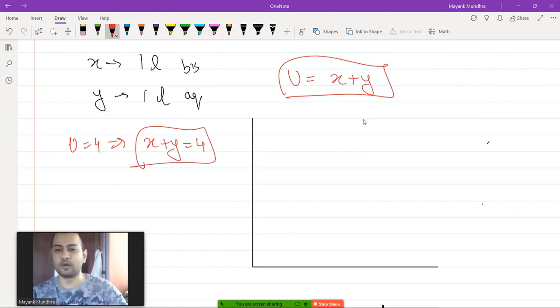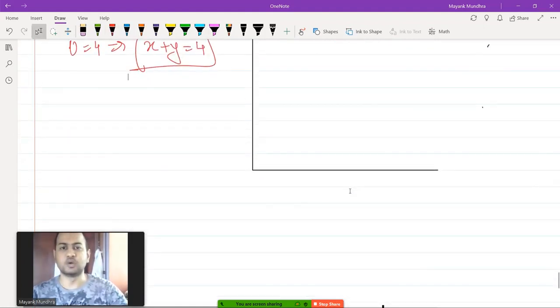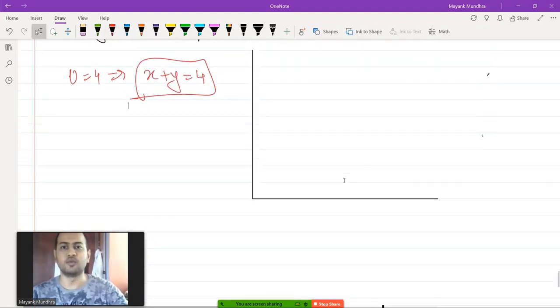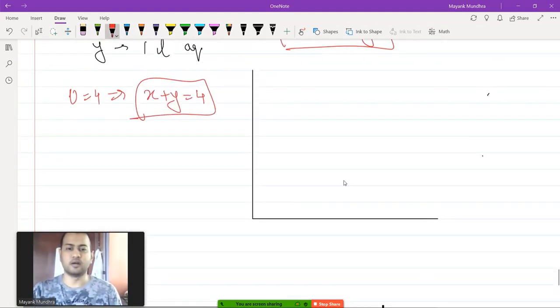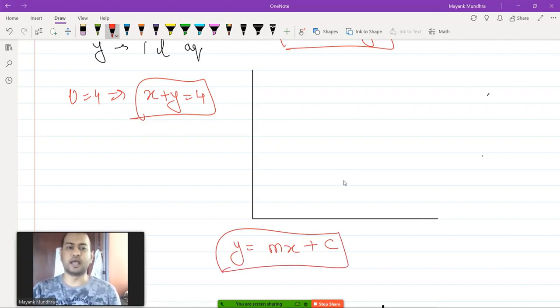Now how do I plot lines? If you want to plot a line y equals mx plus c, then the line will pass through the point 0 comma c, because when x is 0, the y value becomes equal to c, and it will have a slope of m.